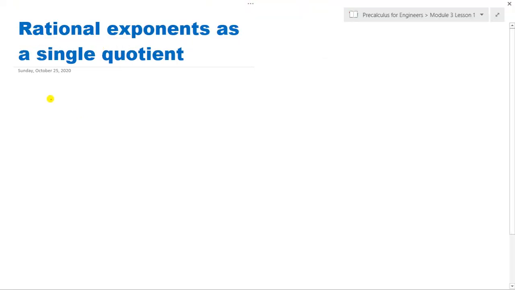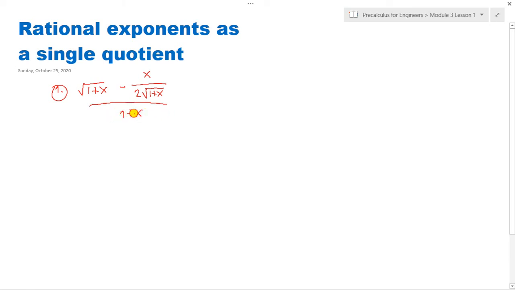So, we have here a given example. We have square root of 1 plus x minus x all over 2 square root of 1 plus x, all over 1 plus x.